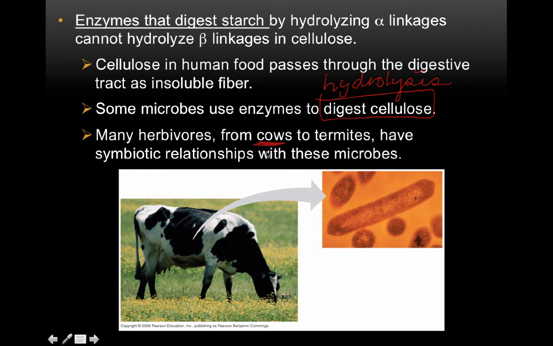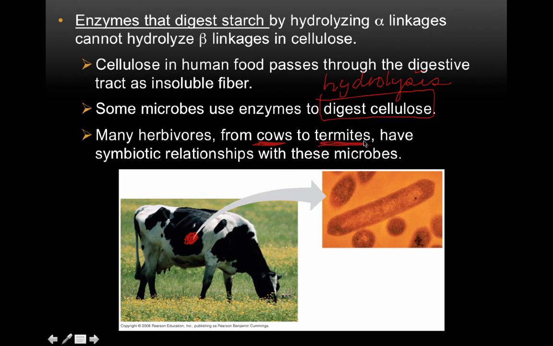Cows, for example, have microbes in their digestive system that help them break down the plant material they eat. The microbes inside the cow have a very important mutualistic relationship with the cow. The cow eats the plant material, and the microbes hydrolyze the cellulose so that the cows can obtain energy and building blocks from the cellulose.